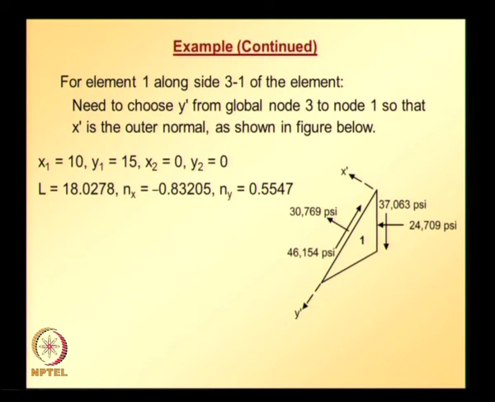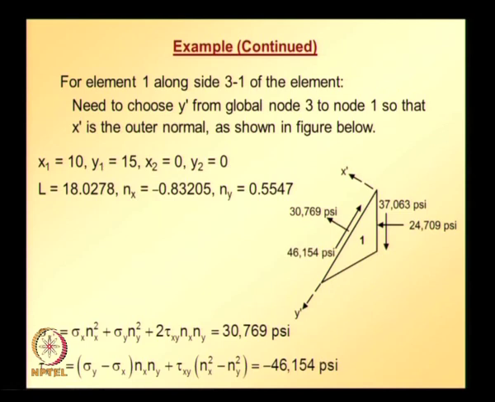Node 3 coordinates are denoted with x1 y1 and node 1 coordinates are denoted with x2 y2, and here for calculation purpose node 3 is taken as first node and node 1 is taken as second node, and from that we can easily calculate the length, and also the direction cosines of outer normal along side 3 1, and once we have that information we can easily calculate sigma x prime and tau x prime y prime using these relations.